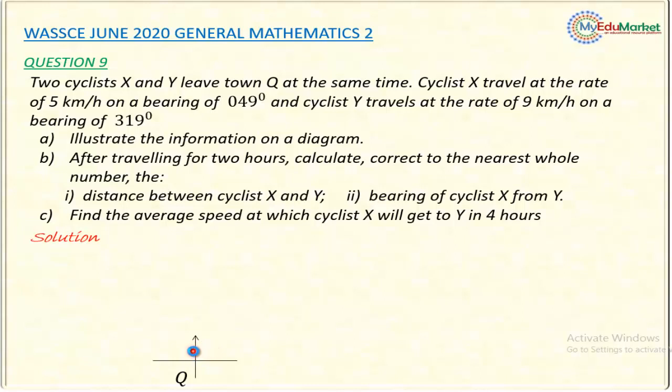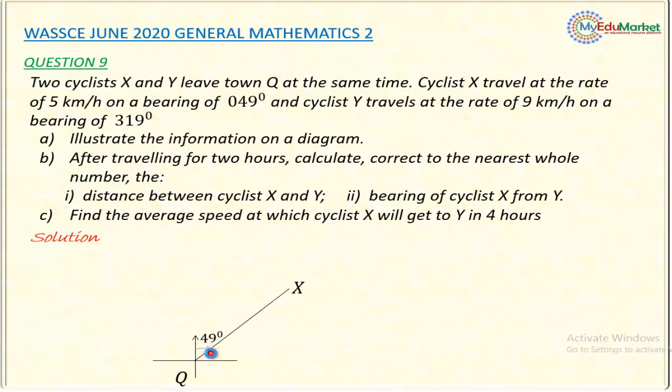So we measure 049 starting from the north line, clockwise. 049 is now going to be an angle like this. Then you draw a line that gives you the direction of cyclist X. So the angle is now 49 degrees.